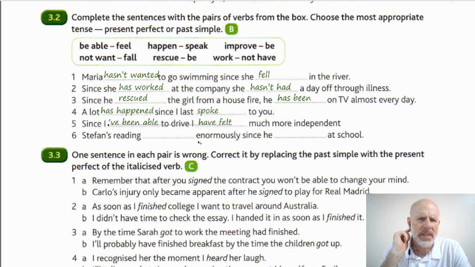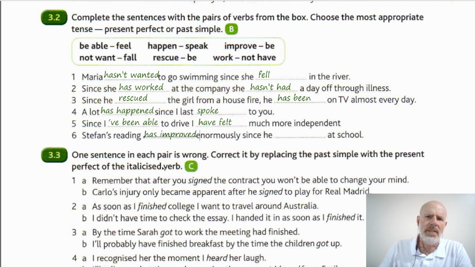much more independent. Stefan's reading enormously since he at school. So it seems that Stefan learned to read before going to school. Since Stefan's reading has improved enormously since he has been at school.